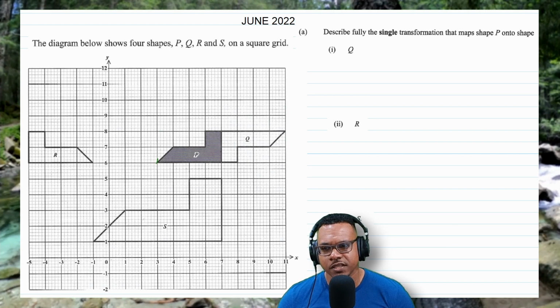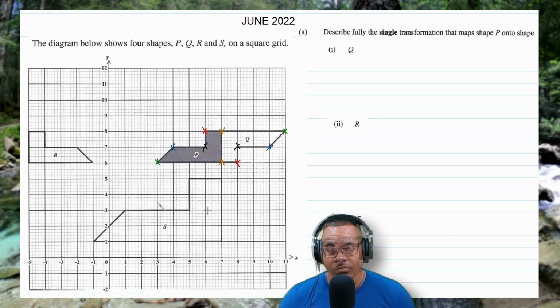So this point here on P would correspond to this point here on Q. This point here on P would correspond to this point here on Q. This point here on P would correspond to this point here on Q. And this point here on P would correspond to this point here on Q. And of course, the last one, this point here in black corresponds to this point here on Q.